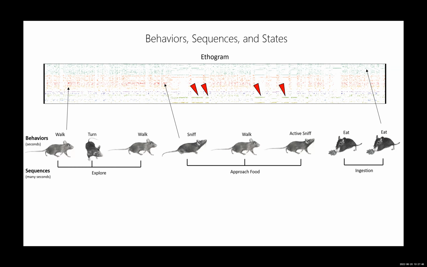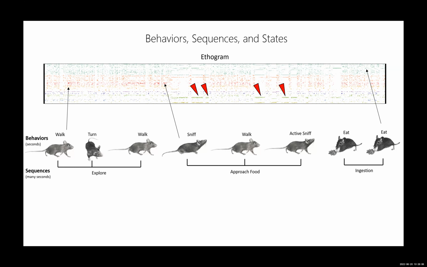Or if they do a sniff, walk, active sniff, then maybe that's something they always execute together, and that's an approach sequence. Maybe some sort of eat, delicious ingestion sequence is another type of sequence that might exist in these data. So it's a longer timescale pattern that we can discover in these long longitudinal datasets of 3D pose over time.